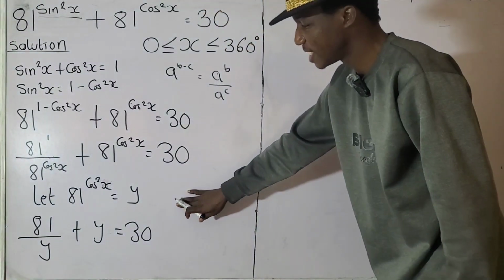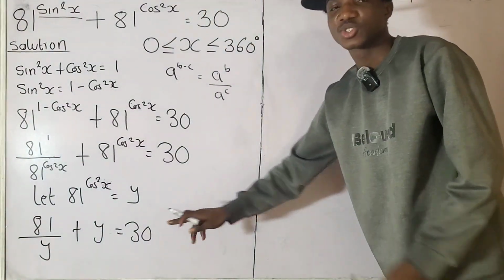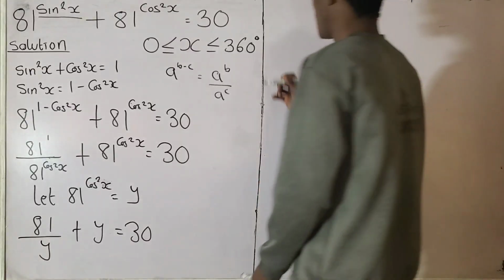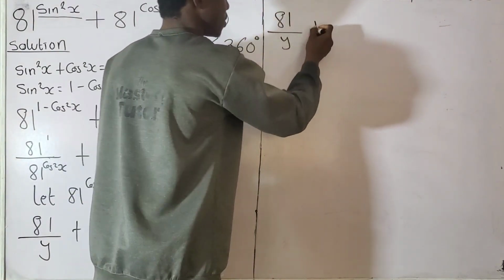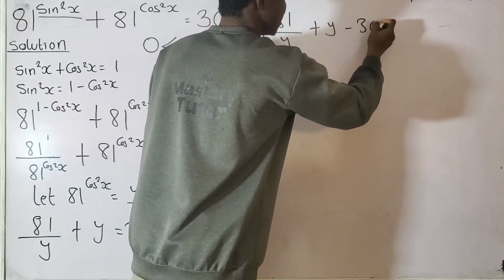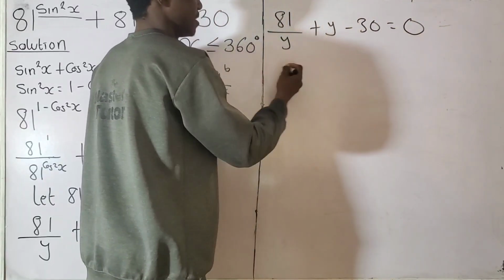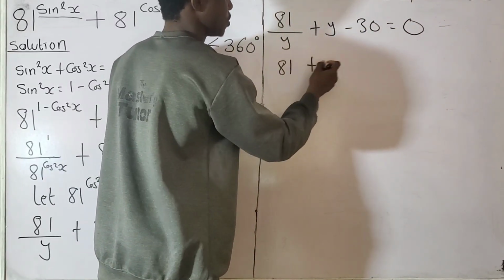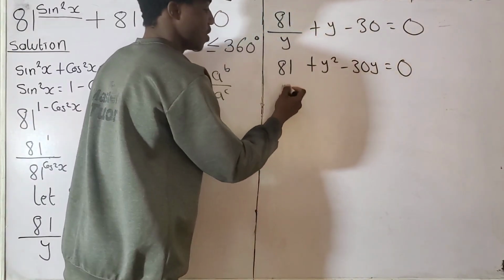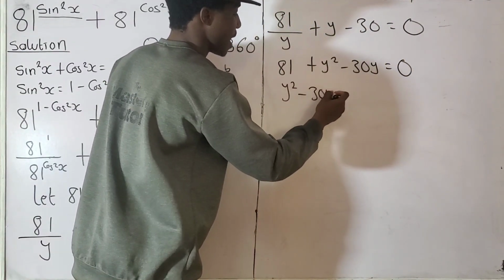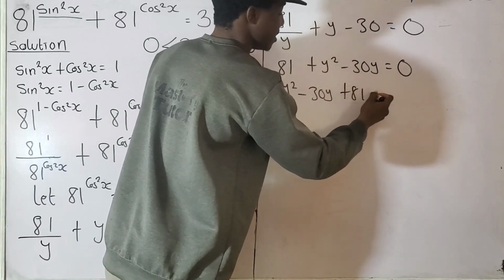Now, the next step is that I'm going to subtract 30 from both sides. I'm going to have 81 over y plus y minus 30 equals 0. Okay, 81 plus y squared minus 30y equals 0. So y squared minus 30y plus 81 equals 0.